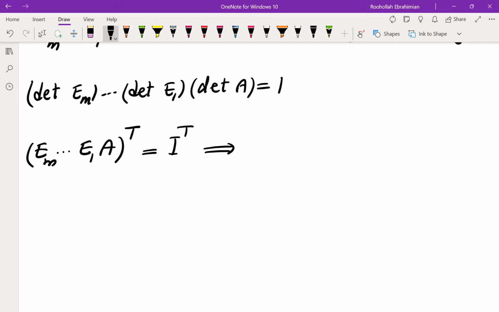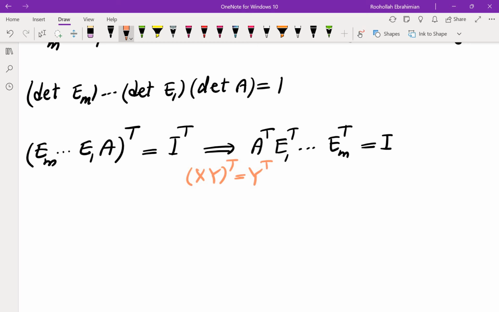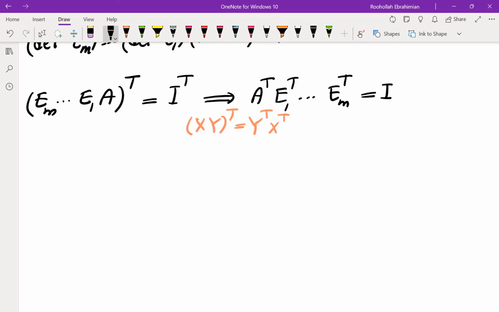So you can write this down as A transpose E1 transpose all the way to EM transpose equals transpose of identity is just identity. So what I'm using here is XY transpose is equal to Y transpose X transpose. Not very difficult to see by looking at the entries of XY and also Y transpose X transpose.